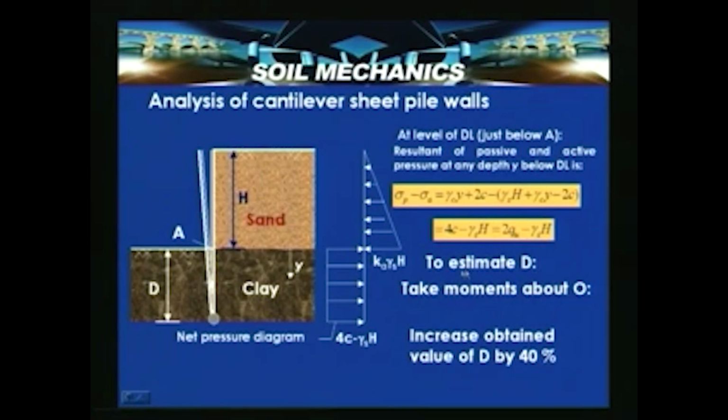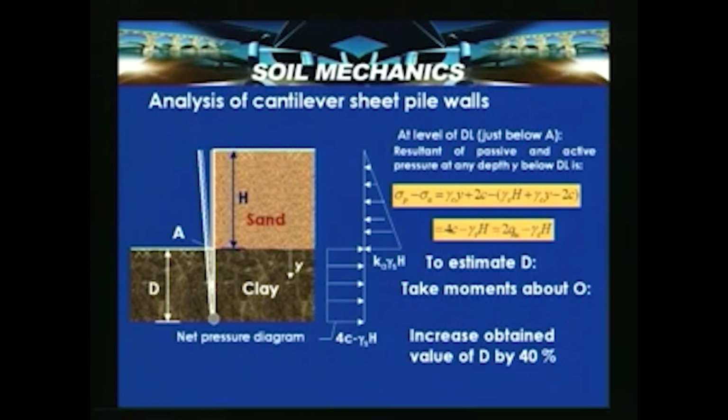To estimate D, take moments about point O. Once we get this, the net pressure diagram is Ka gamma sh, that is due to sand, and 4c minus gamma sh. So to estimate D, take moments about O and increase the obtained D by 40% to safeguard against excessive dredging or scour or any weak pockets in the soil.